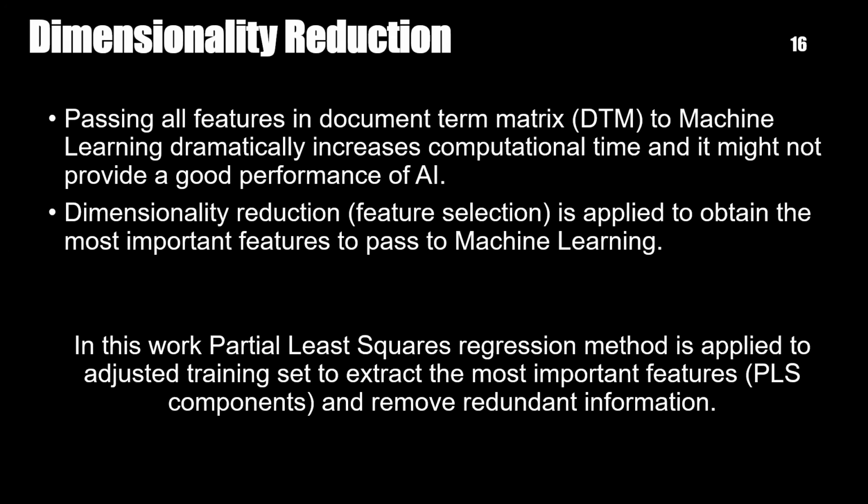There is another one, principal component analysis, which is normally used in unsupervised methods. But here we have used the partial least squares regression method to do the dimensional reduction. Instead of working with so many features, we use a reasonable number of features, which are more informative and enough, and at the same time our model has a reasonable performance.